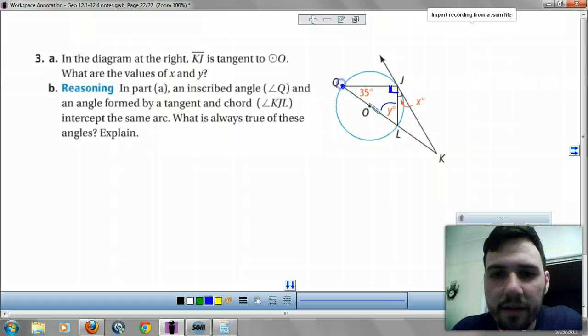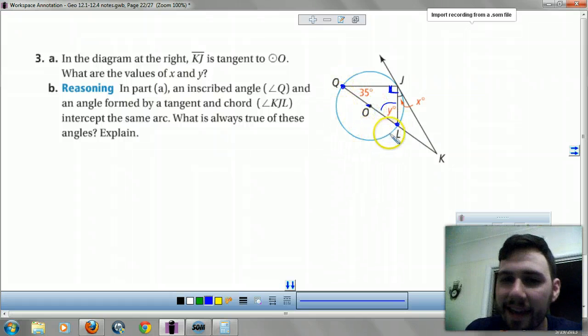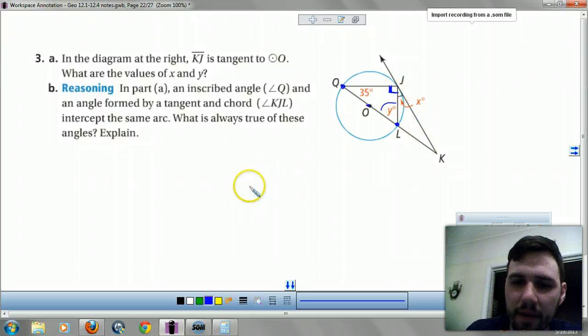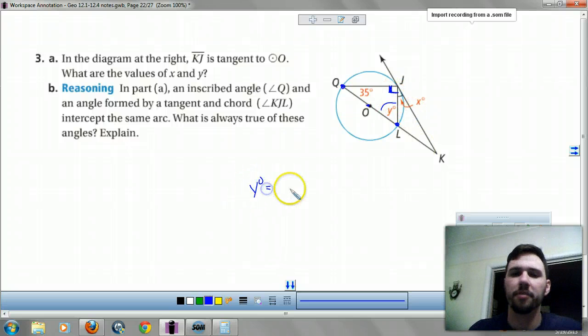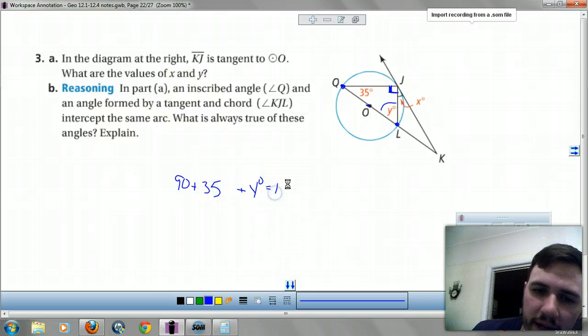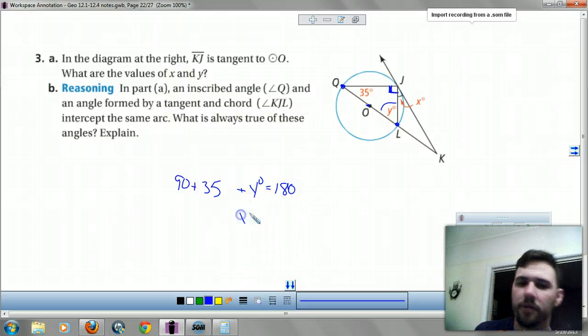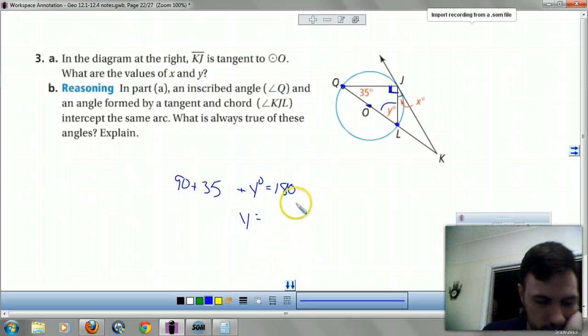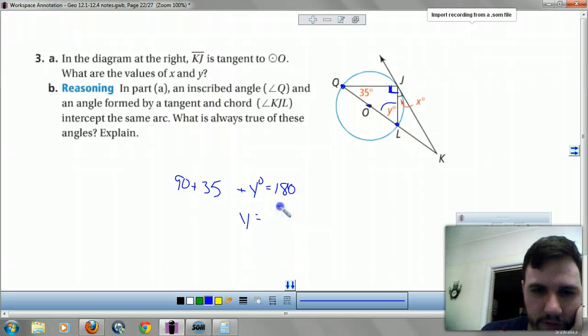Because look, that's a semicircle, it passes through the diameter, and half of 180 is 90. So that means angle y is going to be equal to, well, 90 plus 35 plus y is going to be 180, right? So y is going to equal 55 degrees.